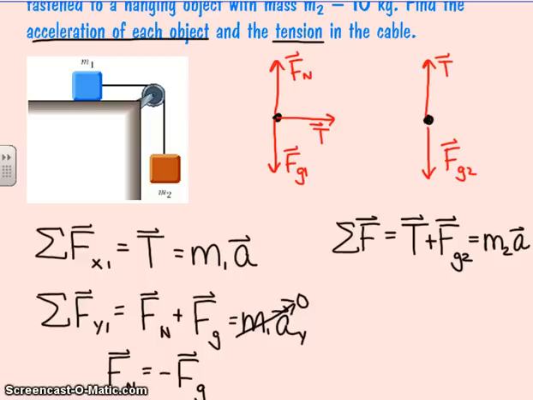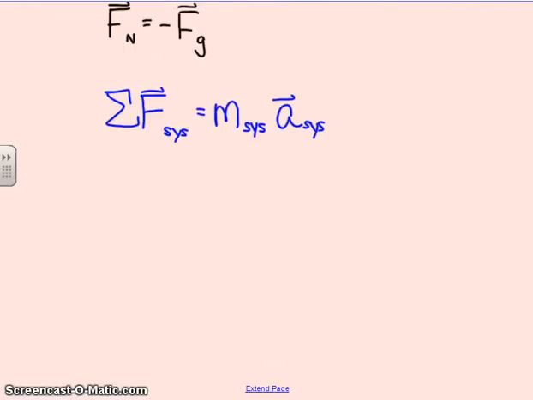The normal force doesn't cause an acceleration, so gravity is the only external force. Specifically, the force of gravity on block 2 is the thing that causes our system to move. So when we say the net force on the system, we're really saying Fg2 is equal to the mass of the system times the acceleration of the system.